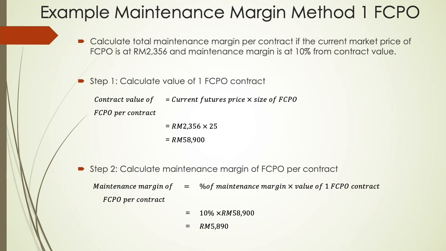From the formula you get 58,900. Then second step, percentage of maintenance margin, 10% times value of one FCPO contract, 58,900. So maintenance margin of FCPO per contract is 5,890.